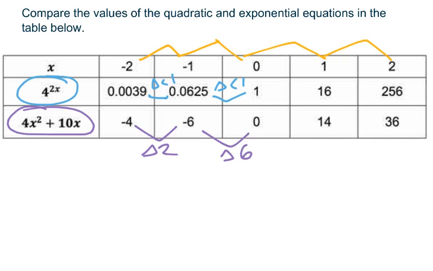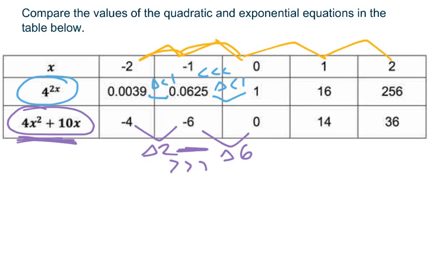So at least in the beginning, from -2 to -1 and then -1 to 0, our quadratic is growing or changing a lot faster than our exponential equation over here. But then let's see what happens next.